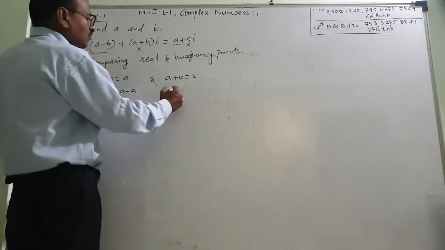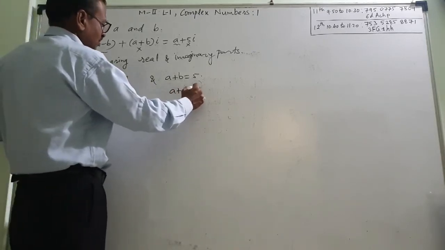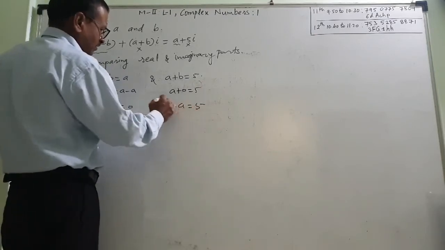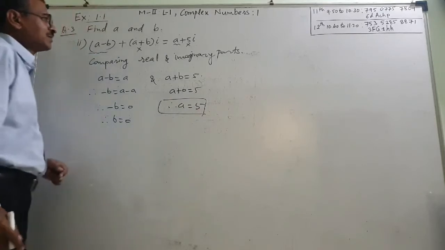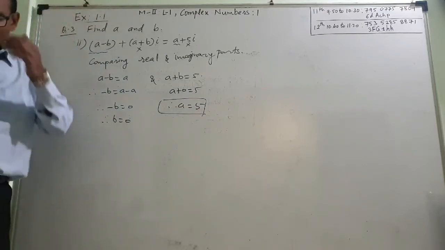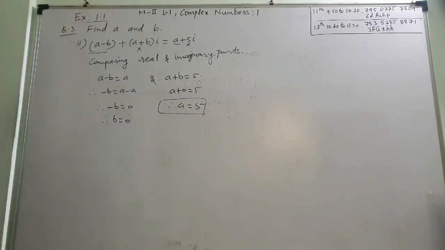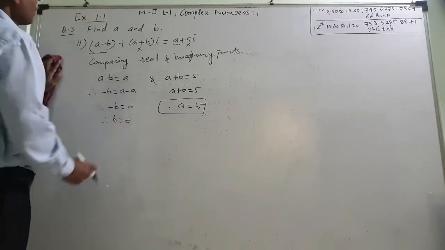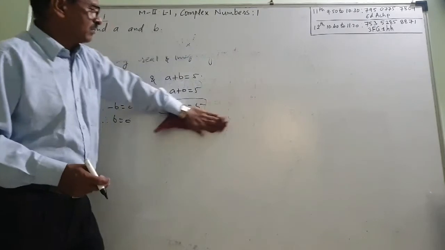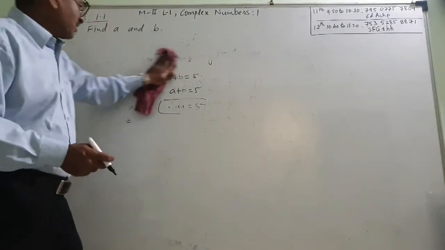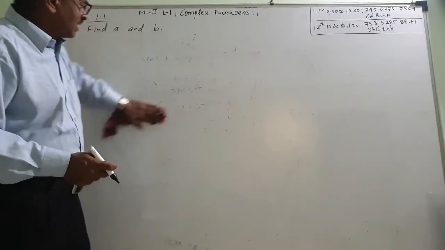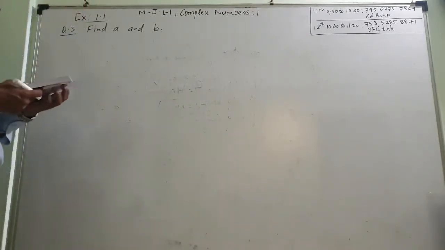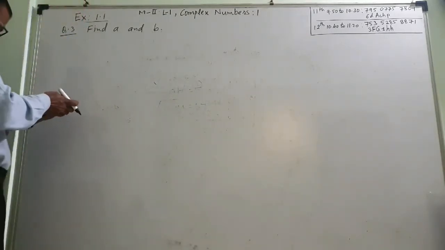Now put this value: a plus 0 is equal to 5, therefore a equal to 5. So the answer is a equal to 5 and b equal to 0. There is no need to be confused and no need to think that this is a very difficult math. Even a 6th or 7th standard student can solve it.